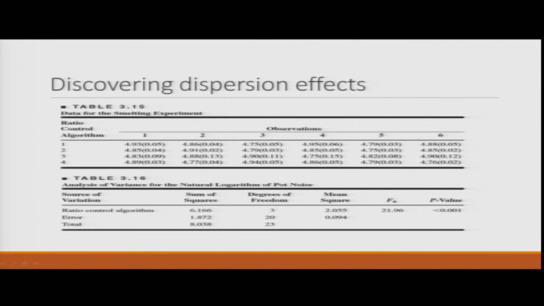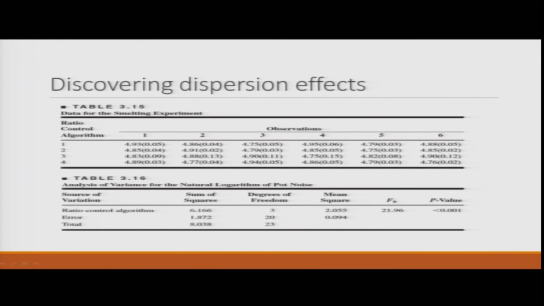The analysis of variance test values are given. So, the ratio control algorithm, the errors and the total, which will obviously be the sum of them, are given as 6.166 for the ratio control, the errors are 1.872, and the total is the sum of both of these. The degrees of freedom would also add up: for the ratio control algorithm it is 3, for the error it is 20, and the total is 23.